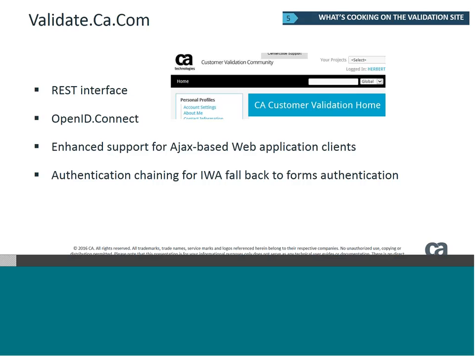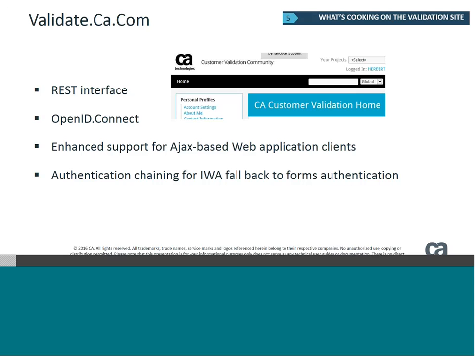Additionally, enhancing support for web-based clients, or clients in general, that need to speak over the HTTP protocol but don't necessarily understand things like 302 redirects. So we will provide the ability to respond with JSON objects and XML objects that allow web applications to be better protected and brought in under the umbrella of CASSO.